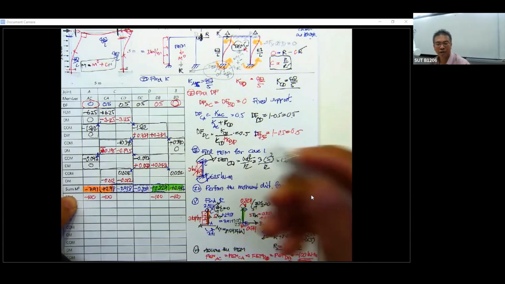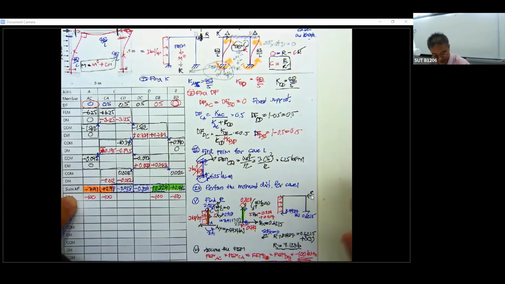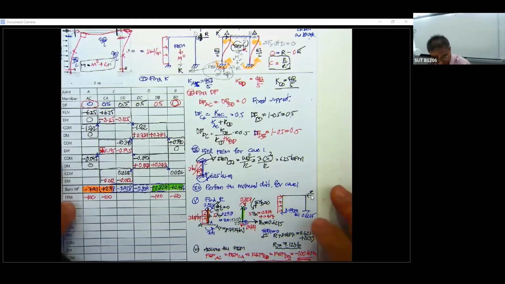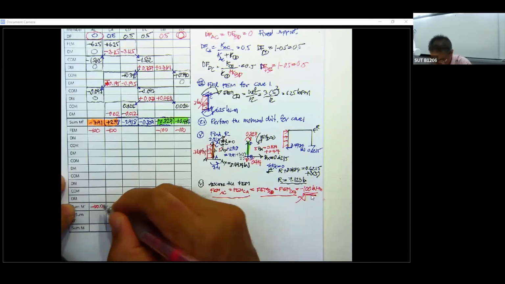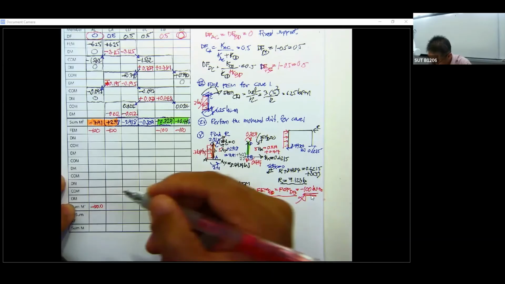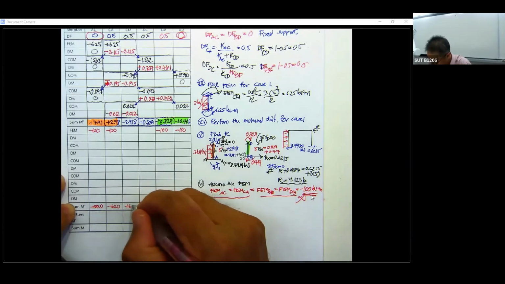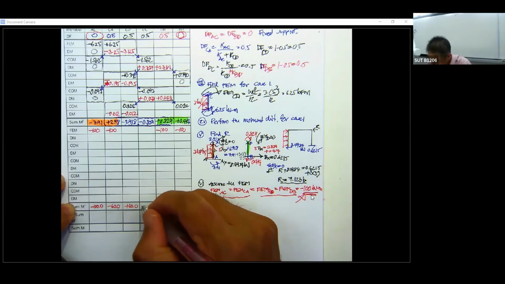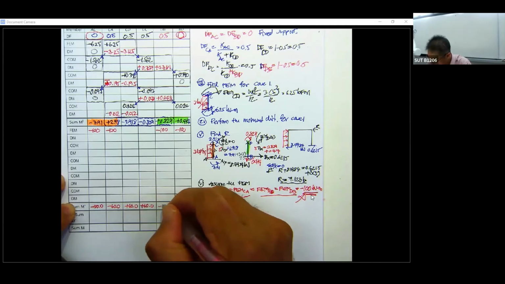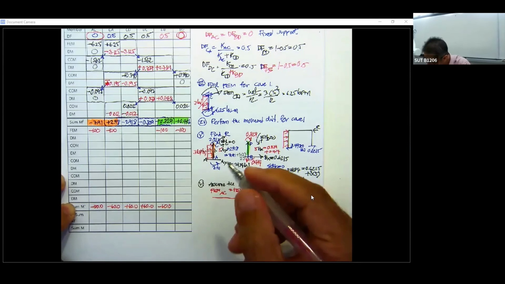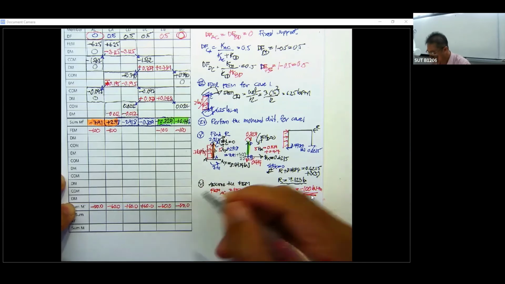I will let you do this computation, and then you will get minus 80.0, minus 60.0, positive 60.0, positive 60.0, minus 60.0, and the last one minus 80.0.